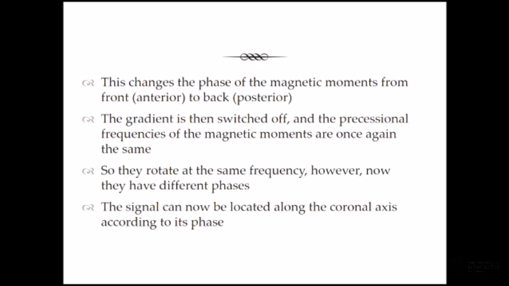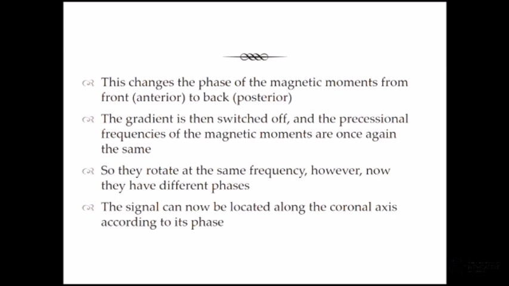And again, remember we're using that axial imaging example. So we're changing the phase from the front of the body to the back. When the gradient is switched off, we've manipulated the precessional frequencies of those individual protons.